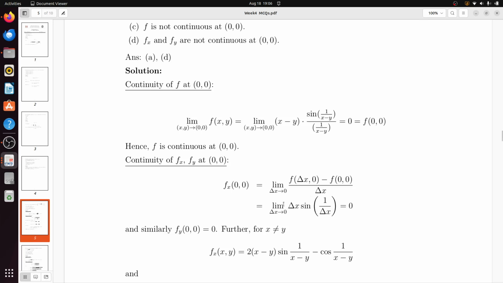So this is the limit as delta x tends to 0 of delta x into sine of 1 by delta x. This is once again 0. And similarly fy(0,0) equals 0.